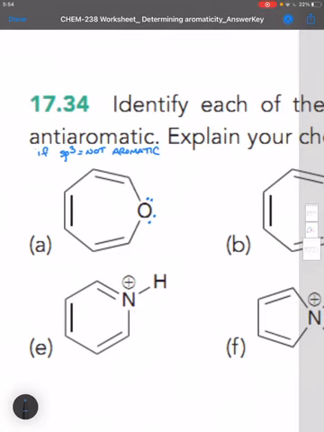Okay, so I'll say if. On the other hand, if the oxygen was sp2 hybridized, then we've got 8 electrons, 4 pairs in our pi system. 8 pi electrons is anti-aromatic.